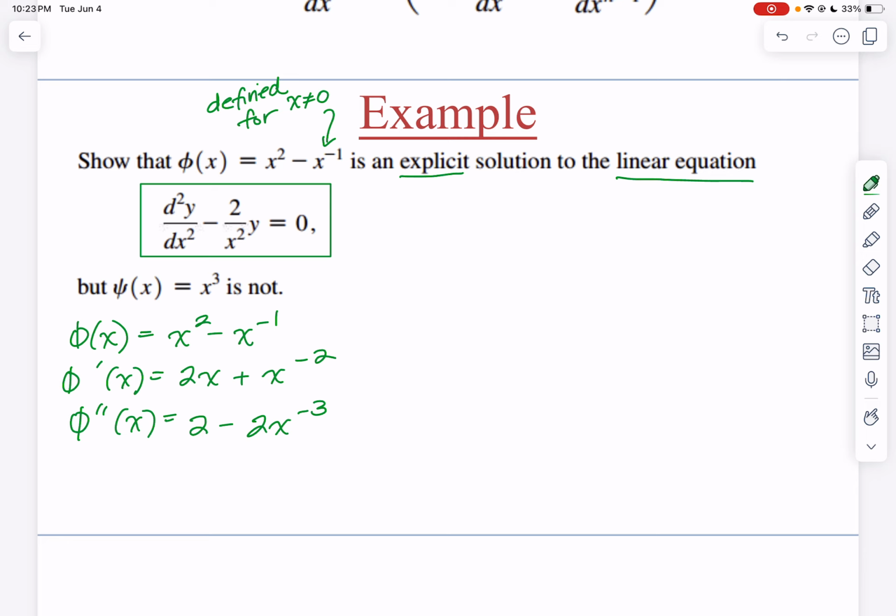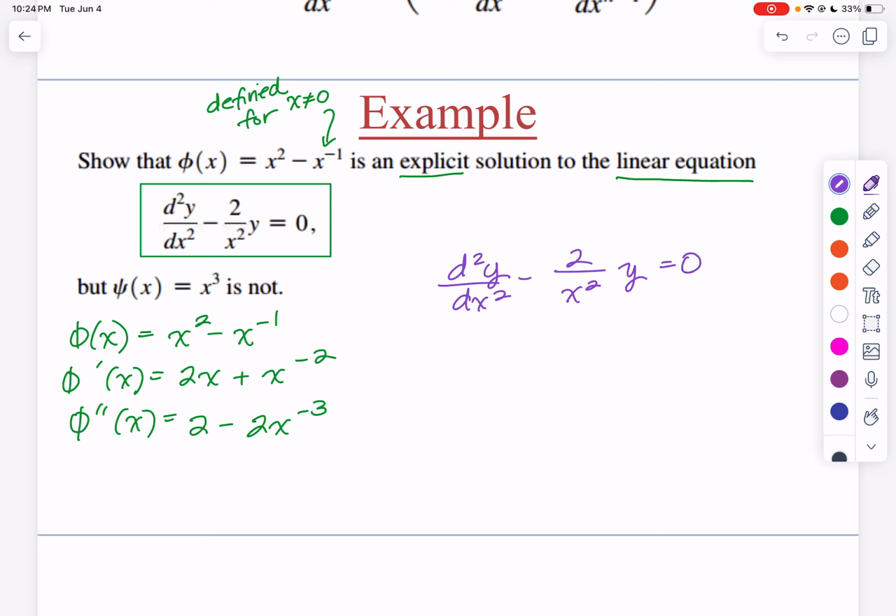Okay, so we have our second derivative. So we have the second derivative of y with respect to x. And we're going to go ahead and plug those in. So here our second derivative is, whoops, that was not my second derivative.